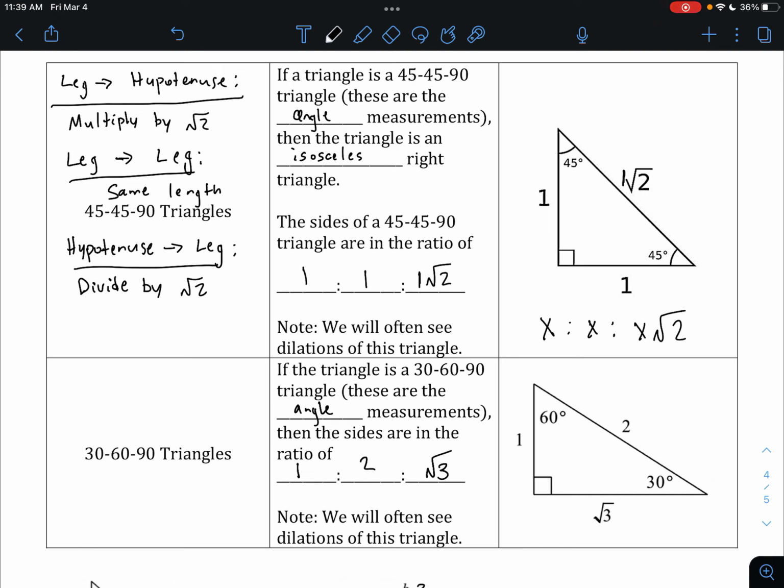If the short leg is 1, that means this is the short leg. This is the hypotenuse, and this is the long leg. If the short leg is 1, then the hypotenuse is 2, and the long leg is the square root of 3. There's also an understood 1 in front of our radical.